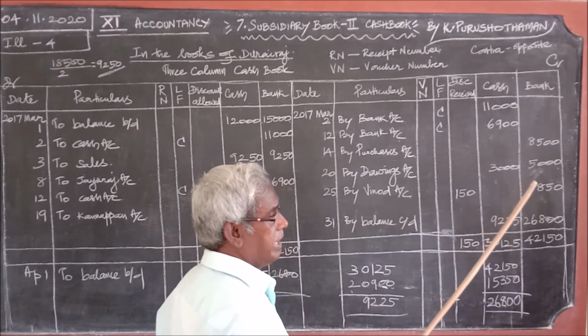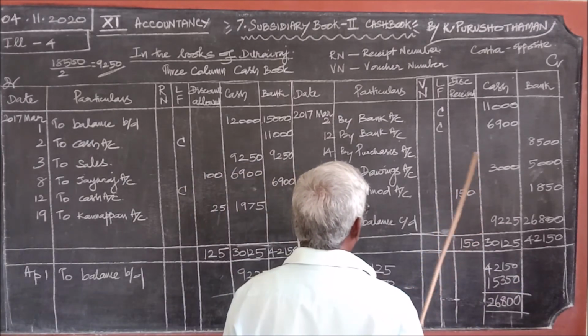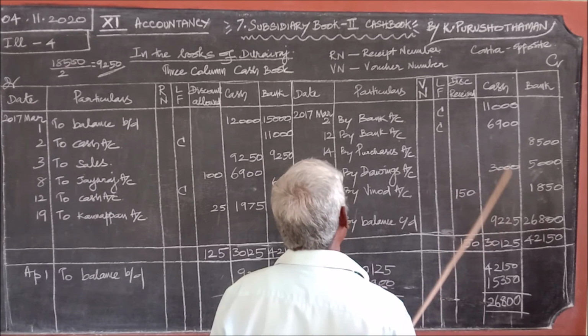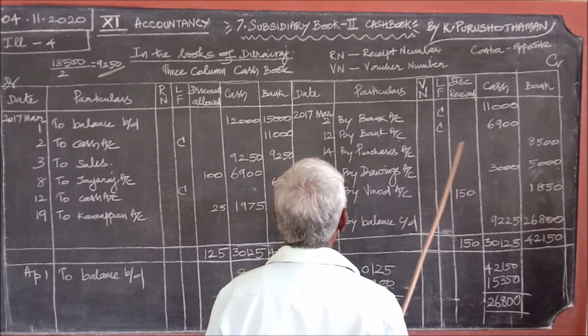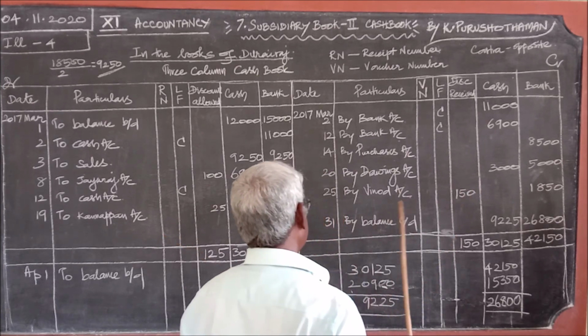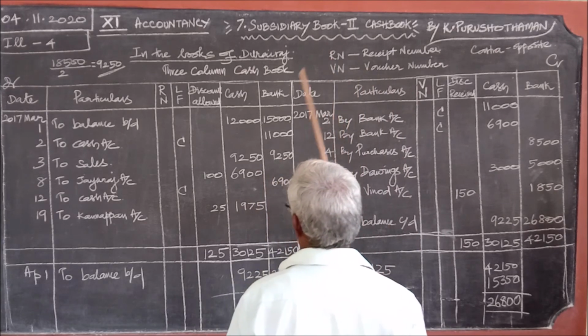But there is no possibility of passing an entry in the single column and double column when the cheque is issued. Check kodukkum pozhudhum adhukku entry single column double column poda mudiyadhu. By keeping this in mind, you should do the 3 column cash book.